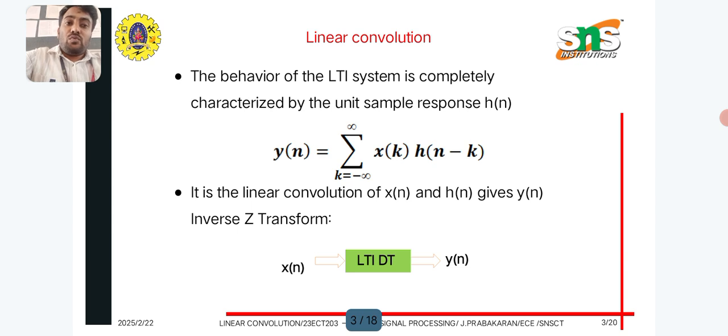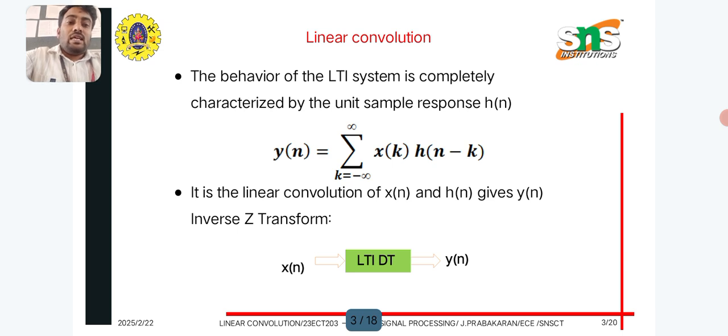Summation means add all the sequence values. That means the given time domain sequence is represented graphically in terms of index k.